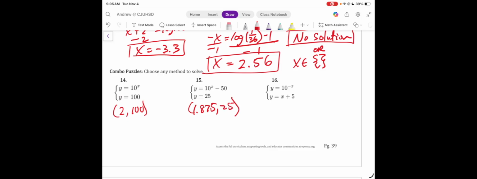And you're going to be getting negative 0.64, 4.36 here. So definitely, if you had access to Desmos, put those in and you'll find a solution.